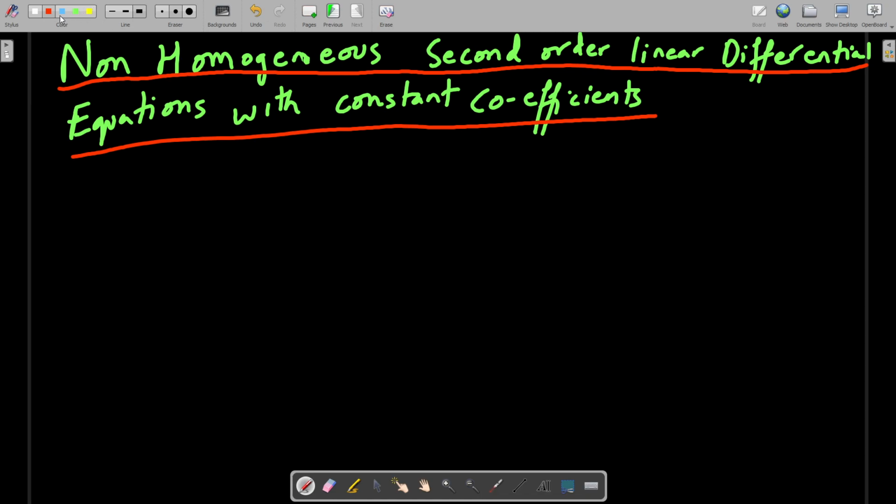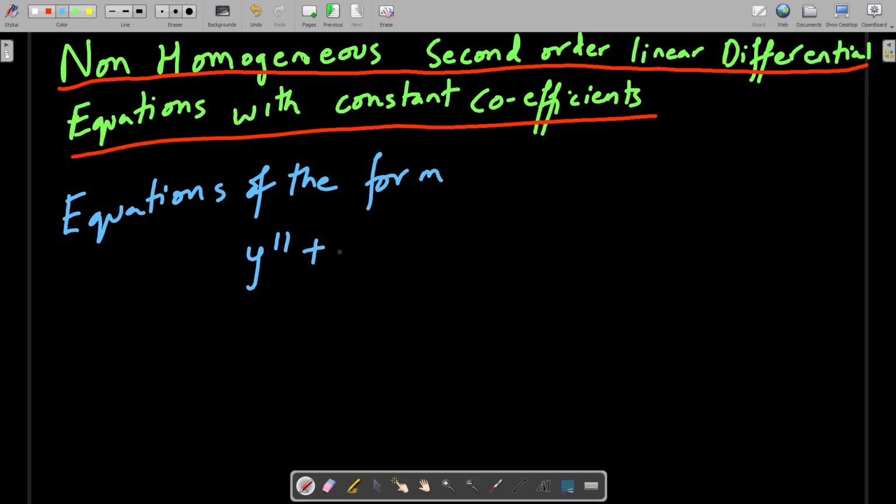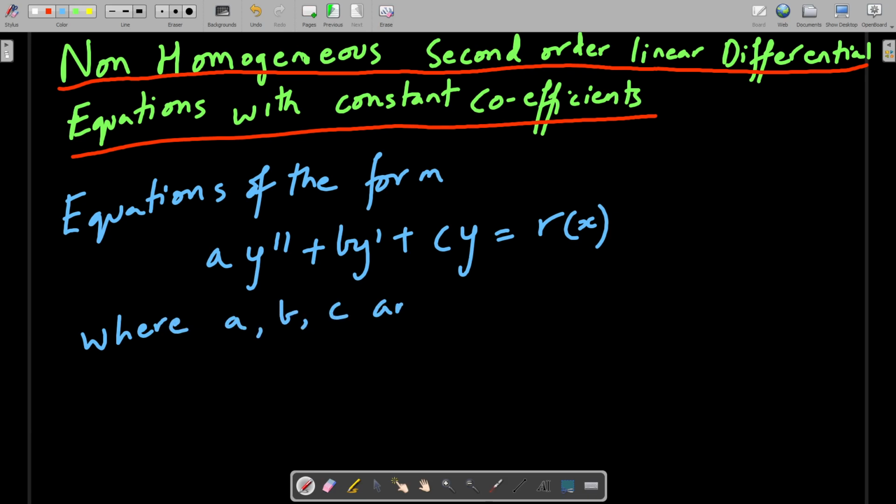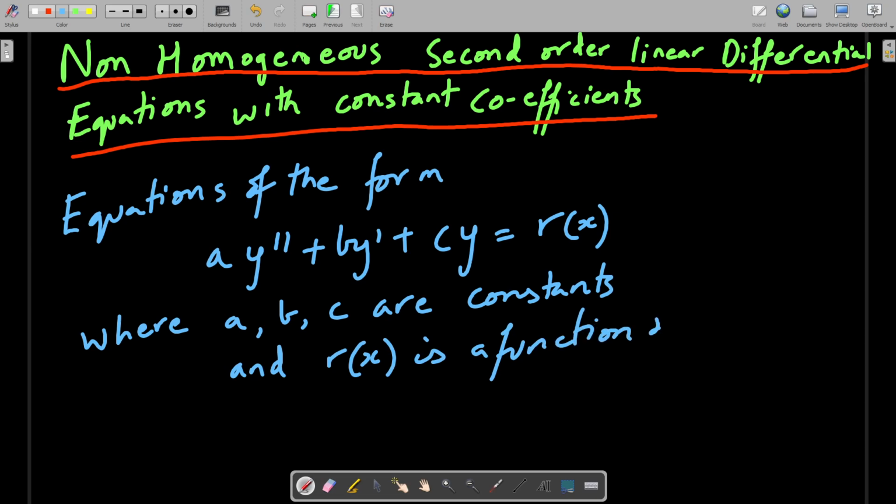So basically what we are doing is we are considering equations of the form a y double prime plus b y prime plus c y is equal to r of x, where a, b, c are constants and r of x is a function of x.